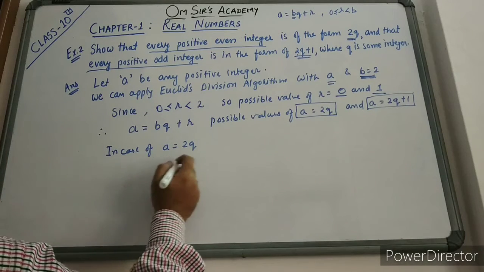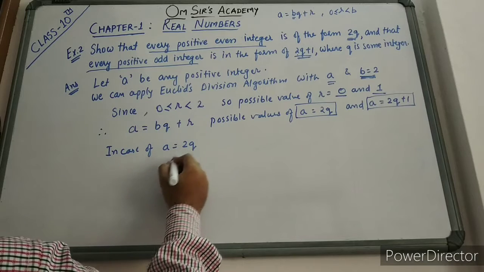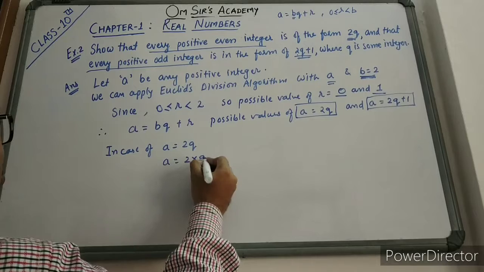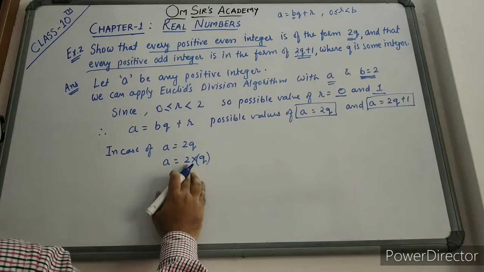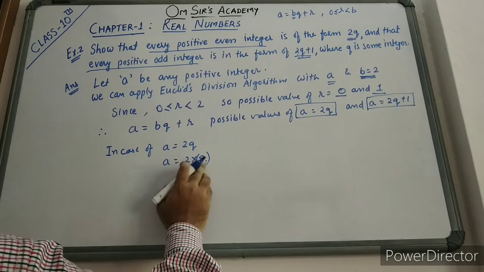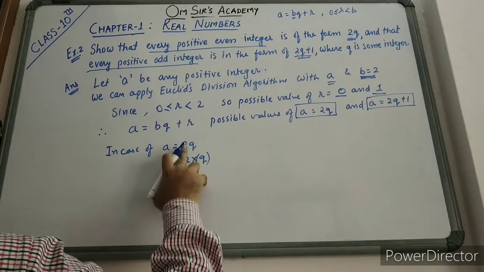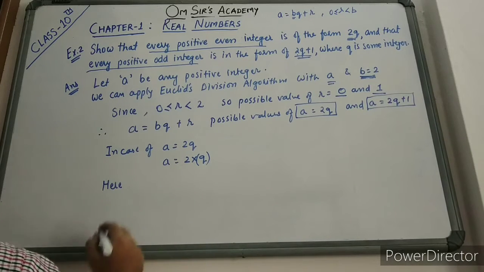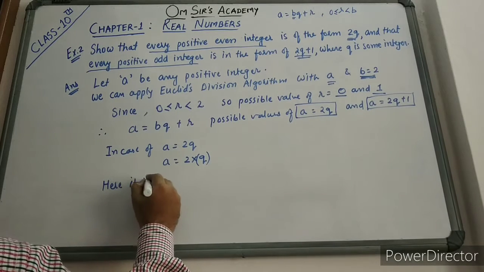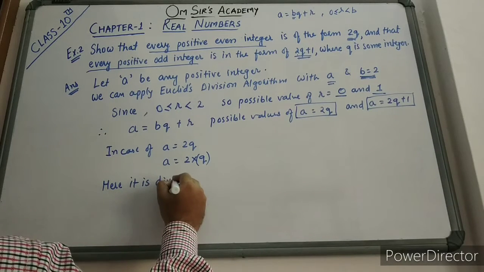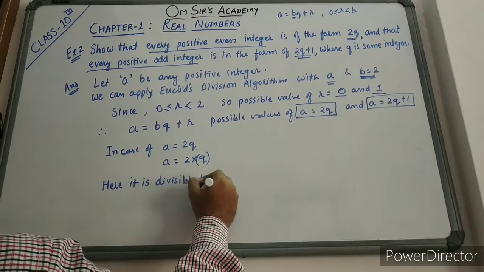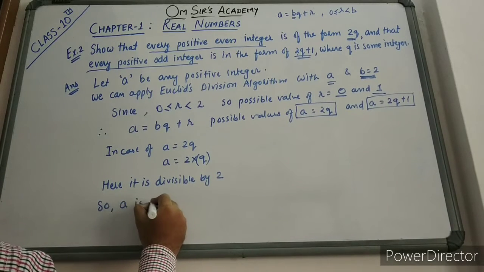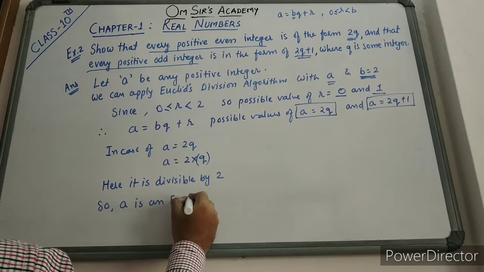Why? Because we can say a equals to 2 into q. So we take out 2 common over here, so 2 into q, it will be 2q. So here it is divisible by 2, so a is an even positive integer.